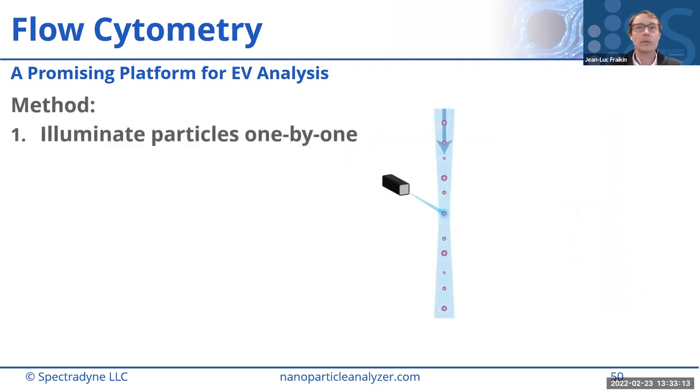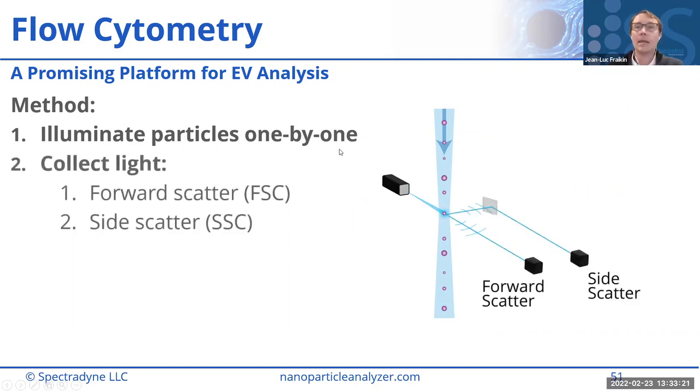The way it works is we send particles down a flow channel again, and we illuminate them one by one as they pass through a laser beam. And then we collect the light that comes off of these particles. They're scattered light, and typically this is collected in two different dimensions. One is forward scattered light, and one is side scattered light.